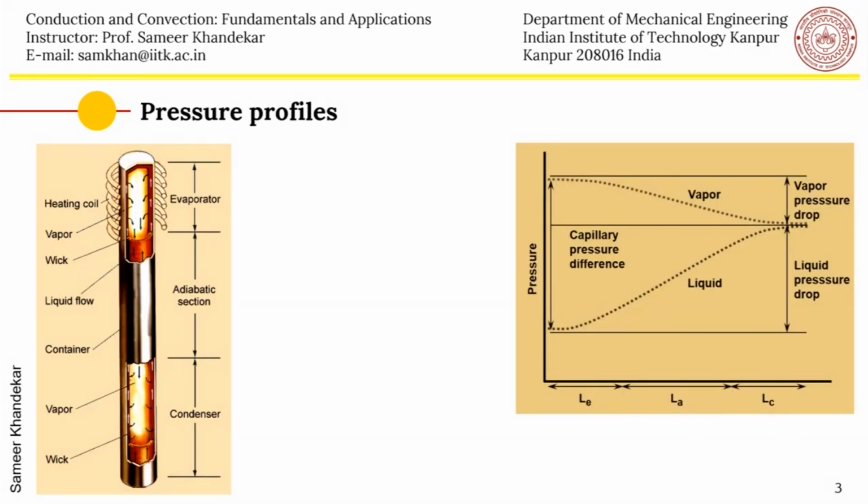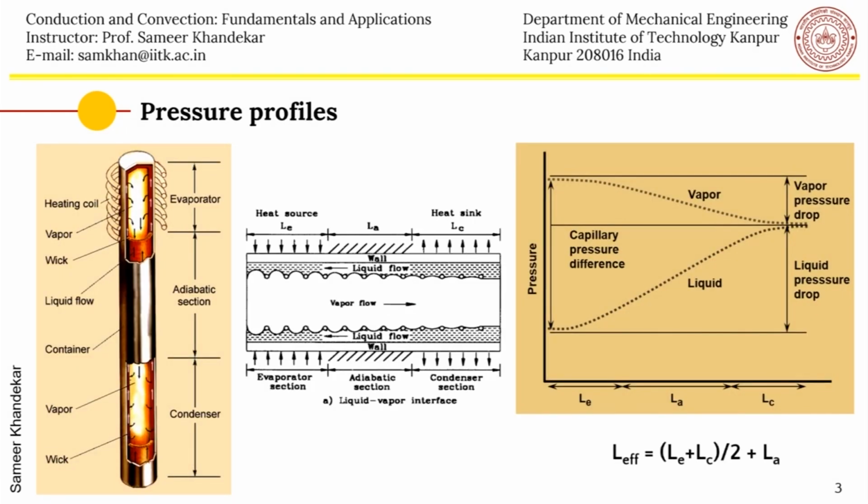So just to recapitulate, we have seen the construction of the heat pipe, and we have also noted the liquid pressure and the vapor pressure at the evaporator at this location here. You can see the pressure on the right hand side.